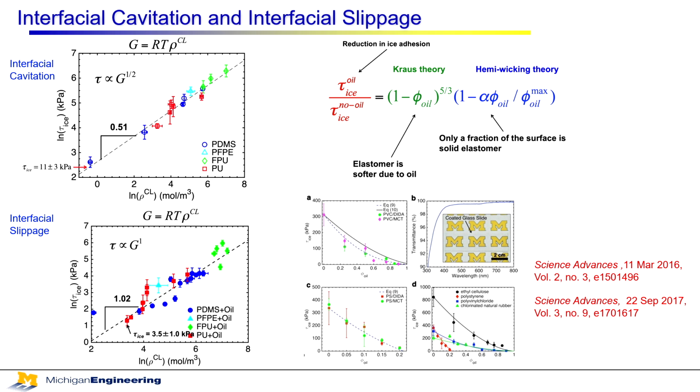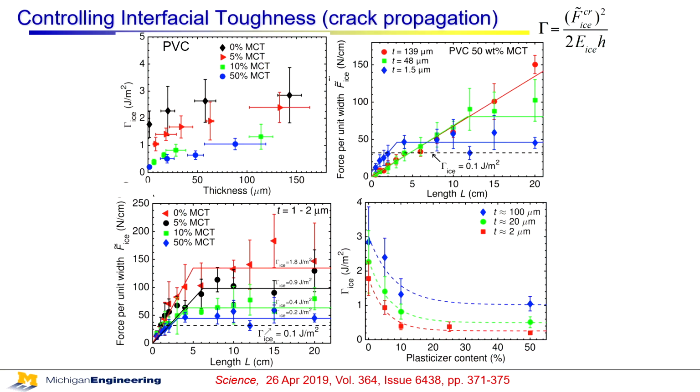By making use of the softness of the material or adding different oils. Could look at many, many different combinations. We sort of go through and explain why that is. So that's sort of the first mode, when you sort of have strength controlled detachment. What about toughness controlled detachment if you have crack propagation at the interface? So we also went through and developed the different material parameters that control detachment when you have crack propagation.